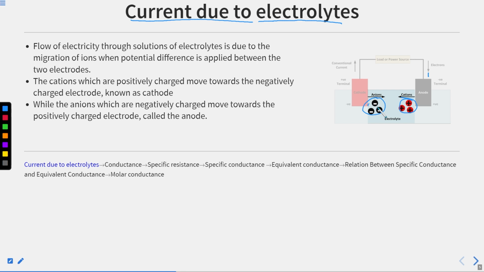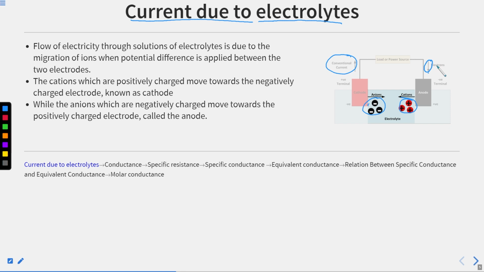Since anions have an extra negative charge, they will move towards the anode and release the electron here. This is the direction of conventional current, not the electrons. It is mentioned here also that this is the conventional current direction, so the electrons will flow in the opposite direction.